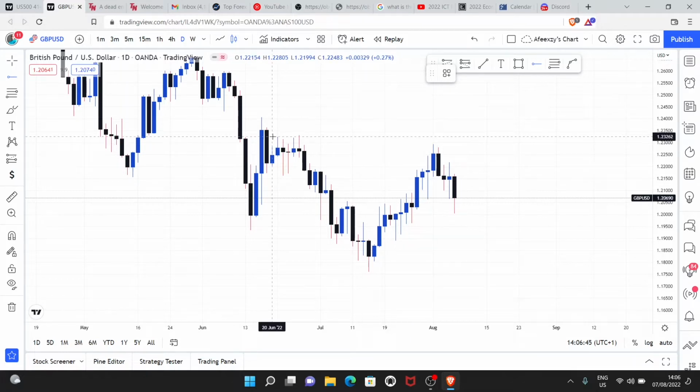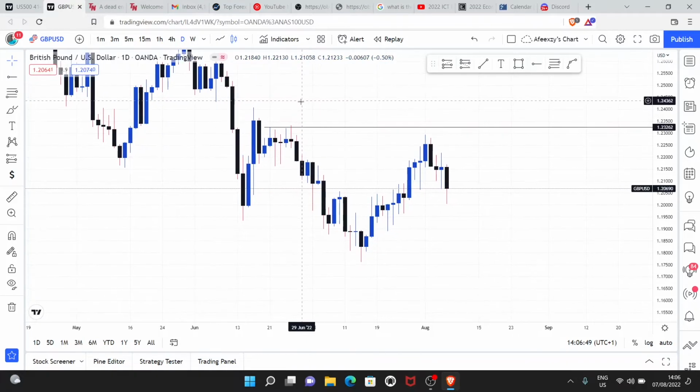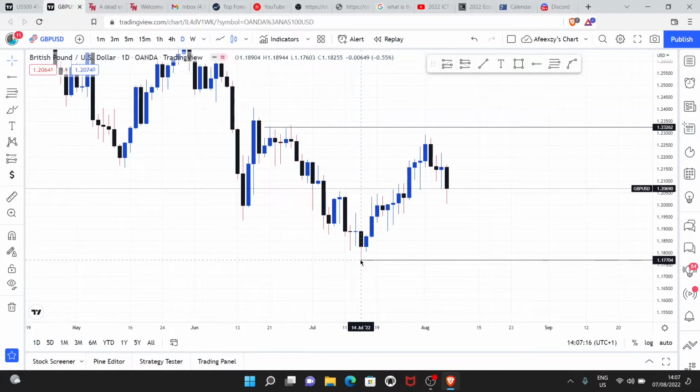I'm watching these relative equal highs here. Then it's also a liquidity zone and points of interest. On GBPUSD, this is a key zone for taking out some buy side liquidity, and this is also a key zone for our sell side liquidity takeout.